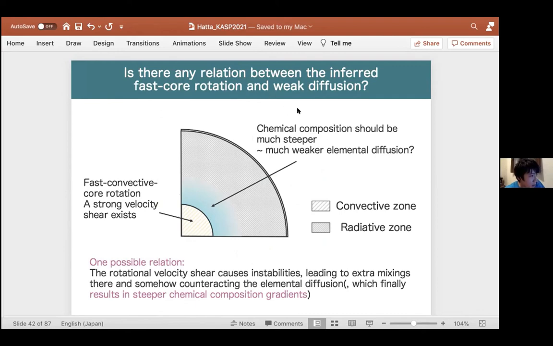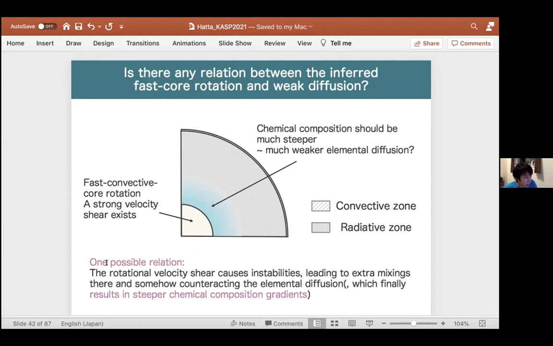On the other hand, based on the analysis of the delta PG pattern, we have found that the chemical composition gradient should be much steeper in the deep radiative region, suggesting much weaker elemental diffusion. Is there any relation between them? One possible relation is that the rotational velocity shear causes instabilities, leading to extra mixing there and somehow counteracting the elemental diffusion, which finally results in steeper chemical composition gradients.